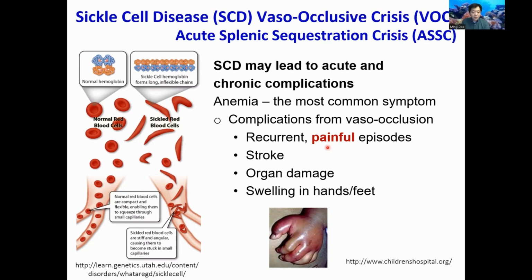The sickling is caused by sickle hemoglobin. They polymerize and grow stiff fibers under hypoxia. So this is the root cause for sickle cell disease. That's why we need to study under hypoxia conditions. There's a lot of things still unknown, especially when the vaso-occlusive crisis would happen.